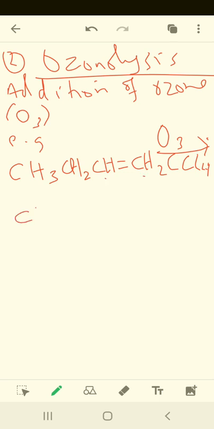So we form CH3, CH2, CH, then CH2, the double bond breaks, then the 3 oxygen atoms come between the carbon atoms like that.